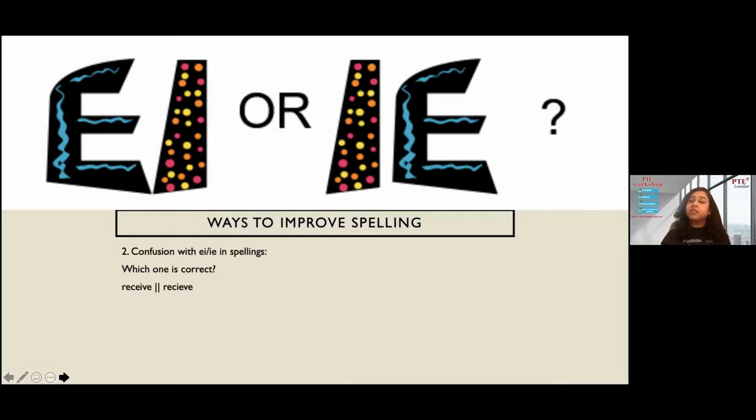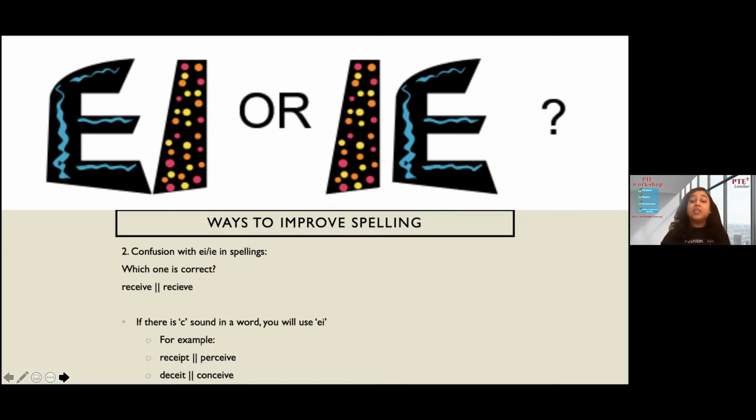Now, obviously, there is another way of identifying which one is the correct one. If you see a word, and when you pronounce that word there is a C sound in the word, you will use EI. For example, the word receive. When we say the word receive, we pronounce it with a C sound.